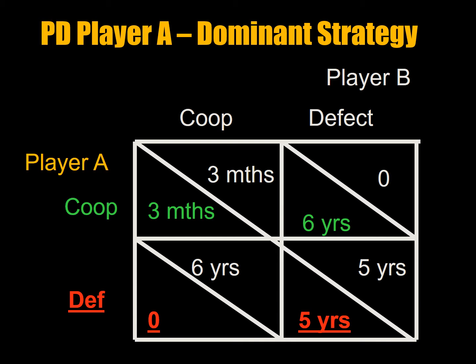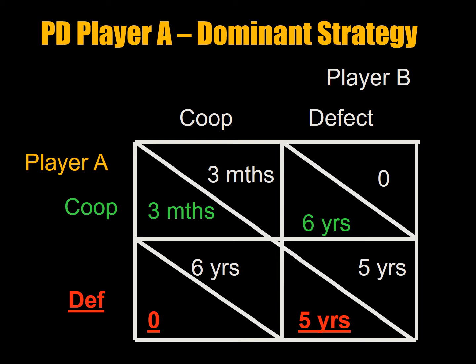We then look at the next column of player B, the defect column. And we see there that player A has 6 years in prison in green if they choose to cooperate. If they choose to defect, player A has a payoff of 5 years in red. So which is the better choice for player A? 6 years in jail or 5 years in jail?